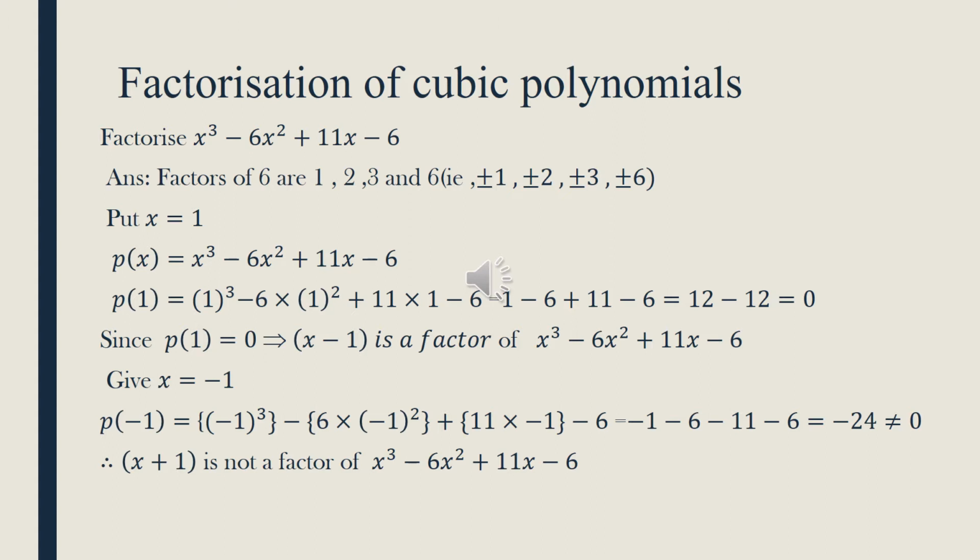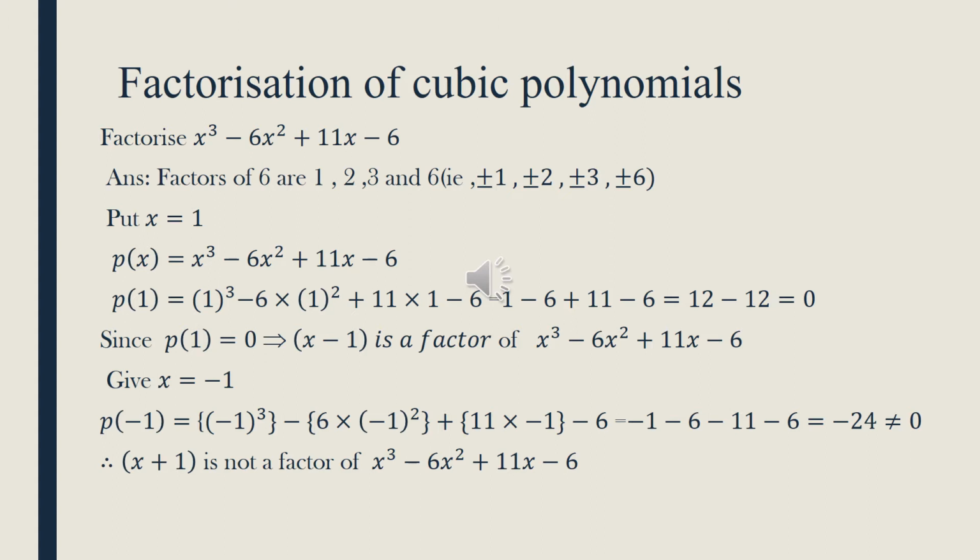When we substitute x equal to 1 in our polynomial, we have p of 1 is equal to 1 cube minus 6 into 1 square plus 11 into 1 minus 6, which is equal to 1 minus 6 plus 11 minus 6.